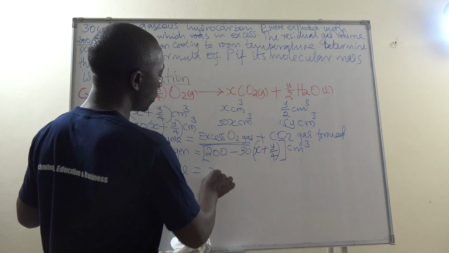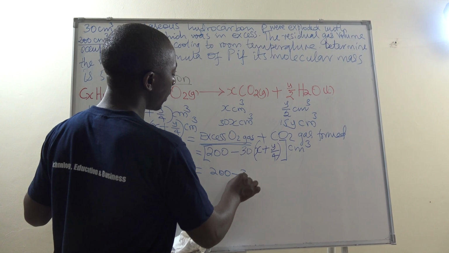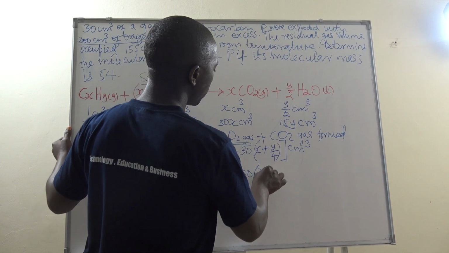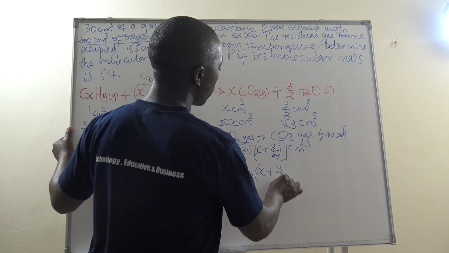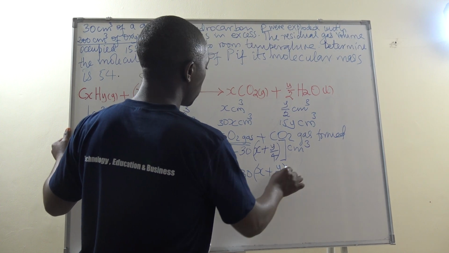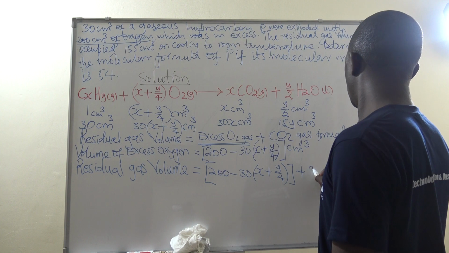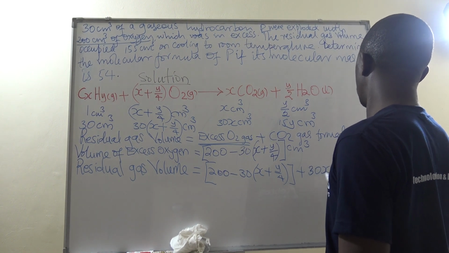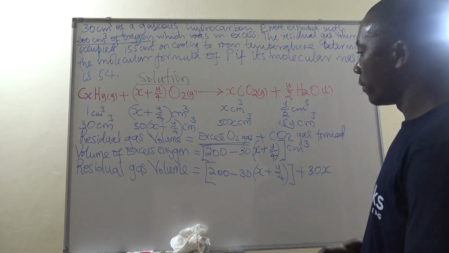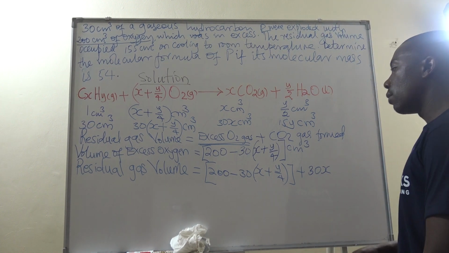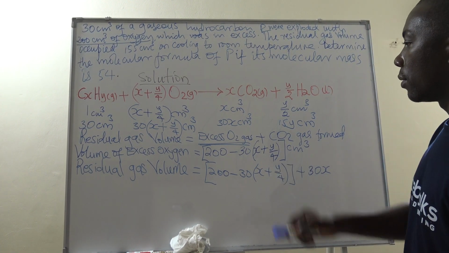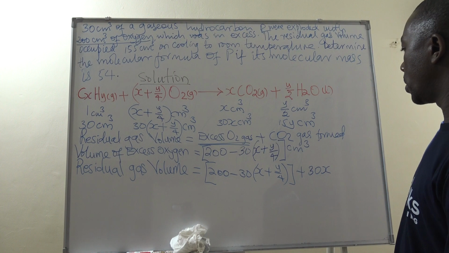So this one gives me 200 minus 30 into brackets x plus y over 4. Then this one is supposed to be the volume of carbon dioxide formed, which is 30x. That now gives me the total gas volume.